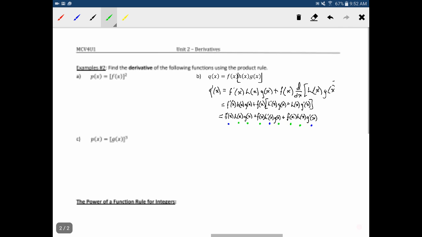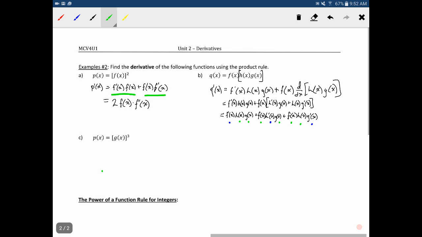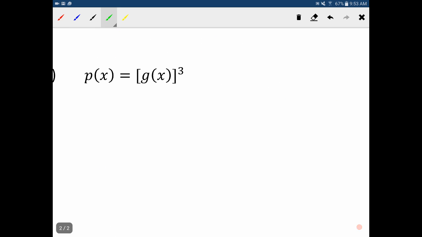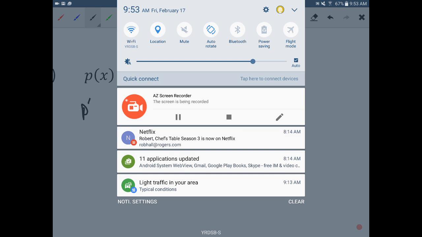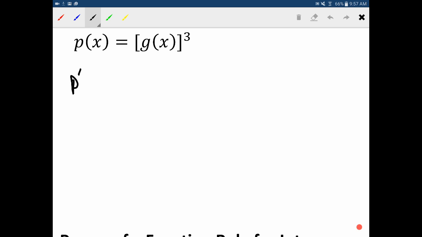Okay? There you go. So, if we follow that pattern, we can then do a more complicated one where we've got g of x to the power of 3. And so what we'll find is we have p prime of x of a function that's been cubed. So we're just going to treat it like we had over there where we had 3 different functions.